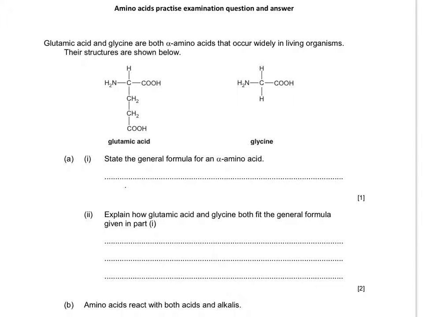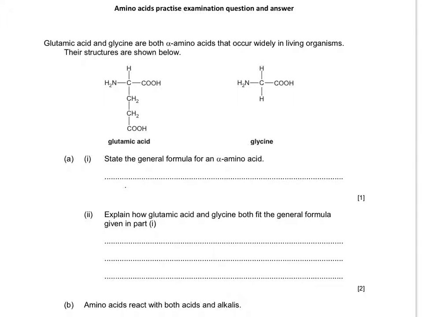So let's have a look at a typical exam question. It gives you glutamic acid and glycine are both alpha amino acids that occur widely in living organisms. Their structures are shown below. So let's have a look at why they're alpha amino acids.